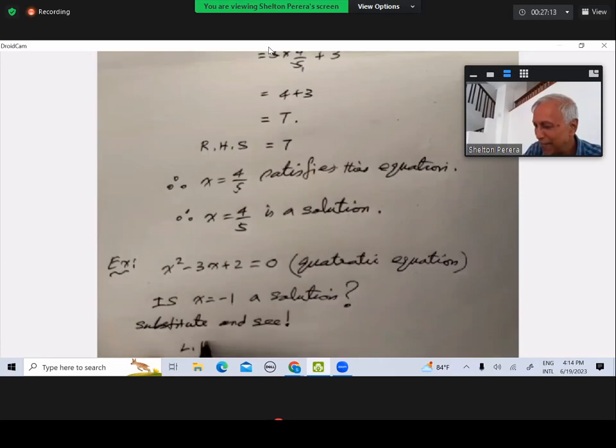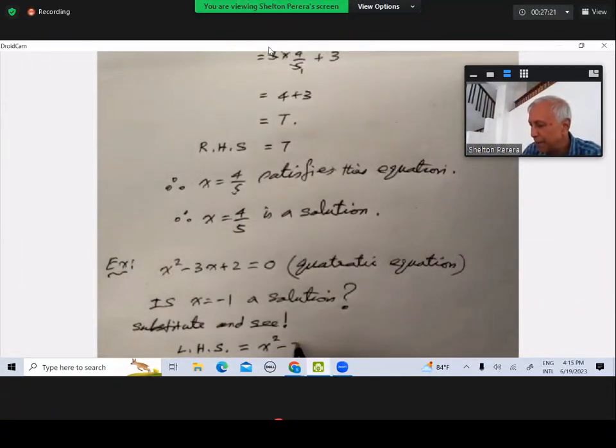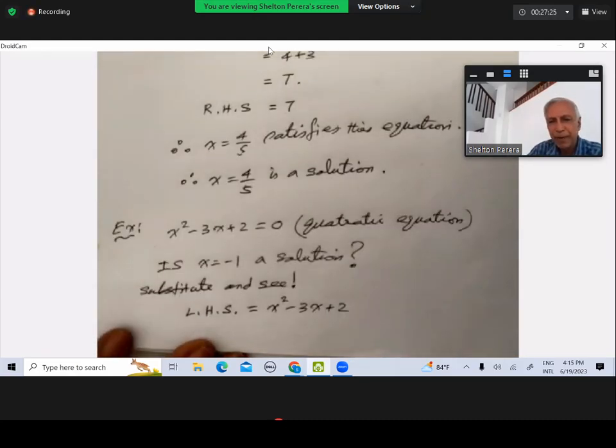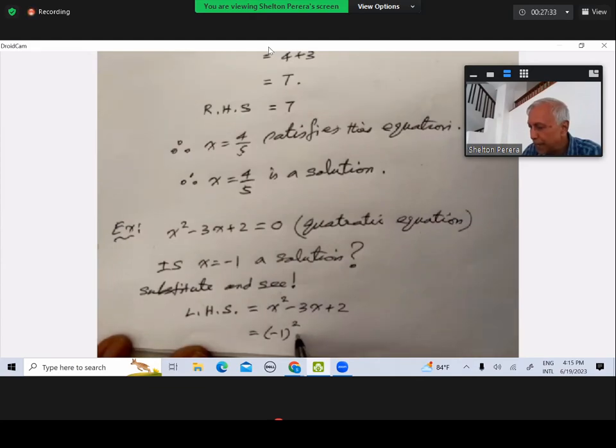Take the left hand side. Left hand side is this side: x squared minus 3x plus 2. Now we substitute x equals minus 1. So this is going to be minus 1 squared minus 3 times minus 1 plus 2.